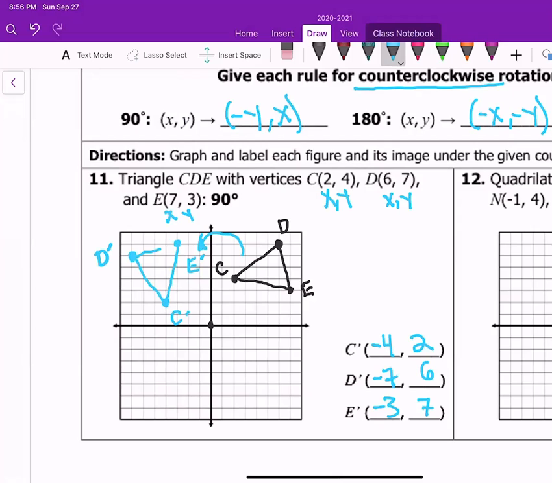Perfect lines. Ooh, 3 for 3. Awesome. Oh, I don't want to confuse you here. So let me get rid of this guy. Oh, no, too much. All right, E prime. E prime is here. E prime. All right.